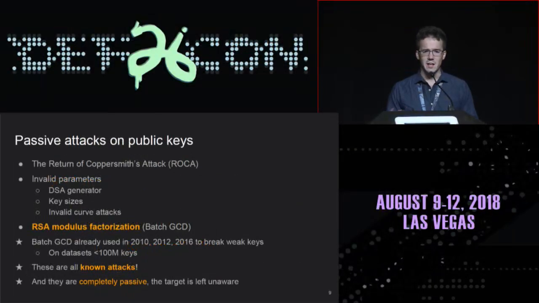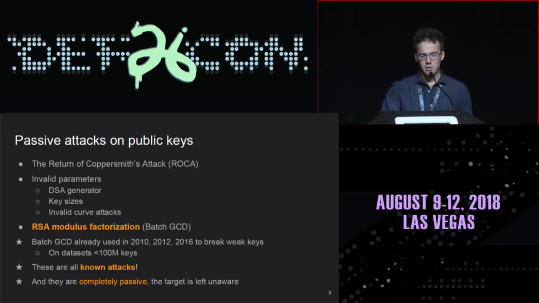So what kind of attacks can we actually do against public keys? We want to remain silent. We don't want to take a branch and go hit the guy to ask him for his password. So we can try to use the return of the Coppersmith attack, which was last year, where smart cards were generating bad primes, and you could too easily factor the produced integers.